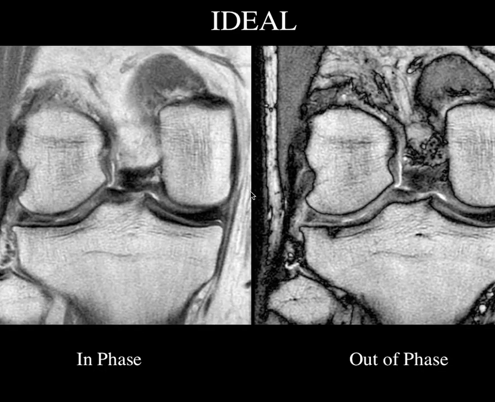Now, the best way to do this in current technology is using IDEAL images, where we get in phase and out of phase images. And this just shows an example here where this is an in phase image where both fat and water add together and we don't see anything within the bone. But if we go to an out of phase image, here's an area where we have both water and fat, and we can see a dropout of signal.